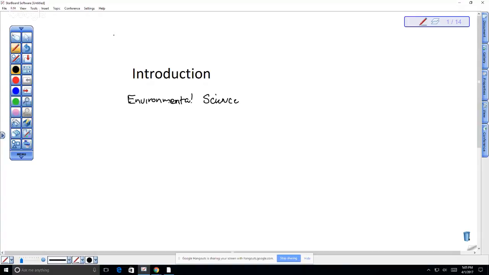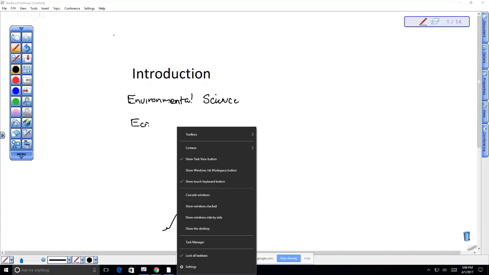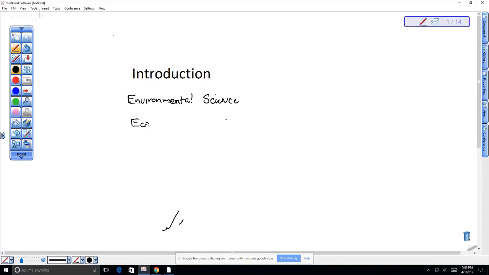And the thing that distinguishes environmental science from, say, ecology, which we're going to talk about as well, is that environmental science doesn't necessarily have to do with living organisms. So when we look at environmental science and ecology, we can talk about how variables in the environment interact.